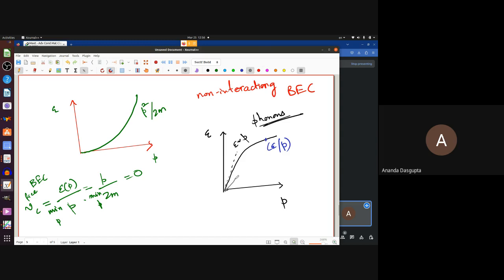If I were to join this point to the origin, 0, 0, by a straight line, that's what I did right now, a red, thick line, what is epsilon by p with respect to that?